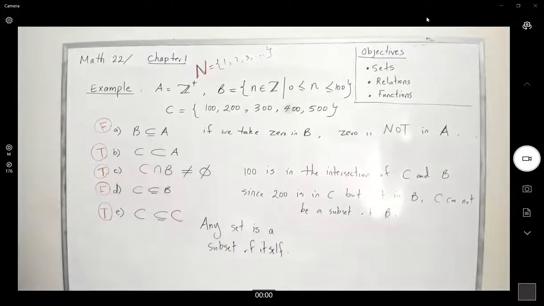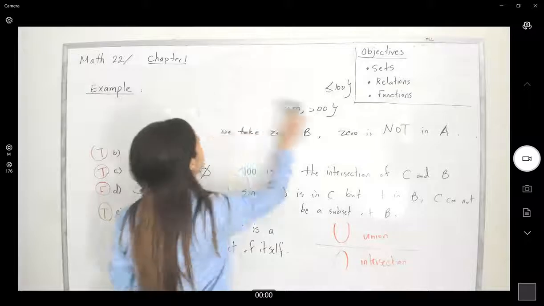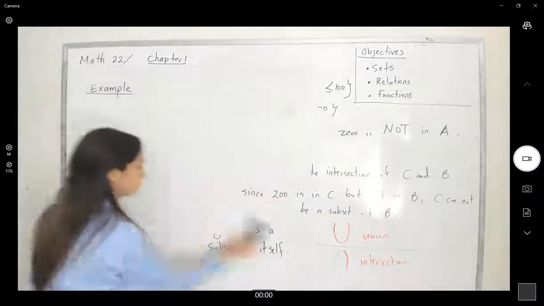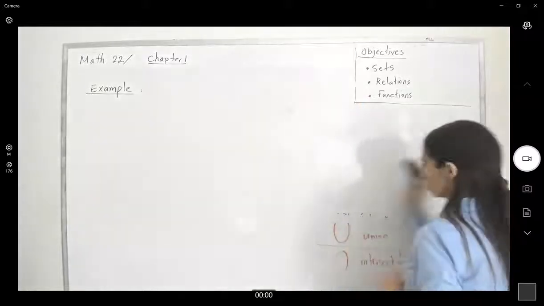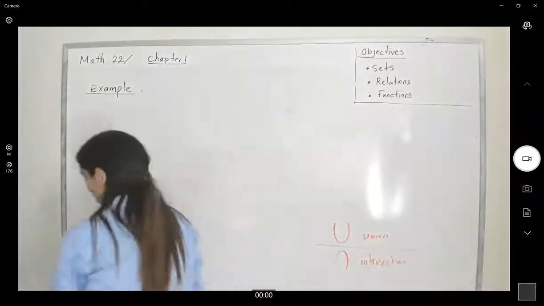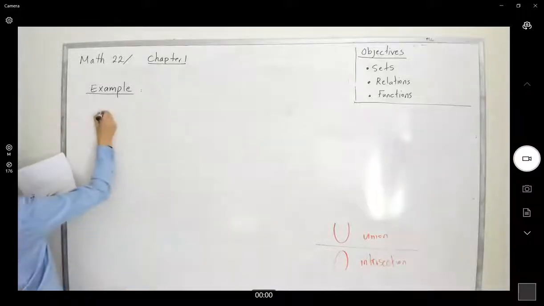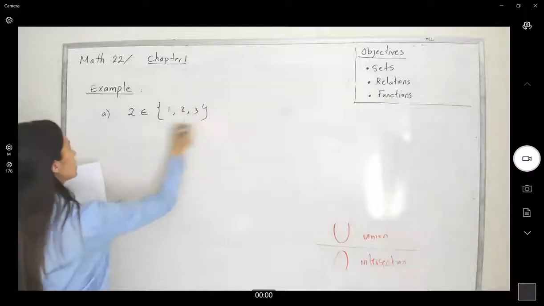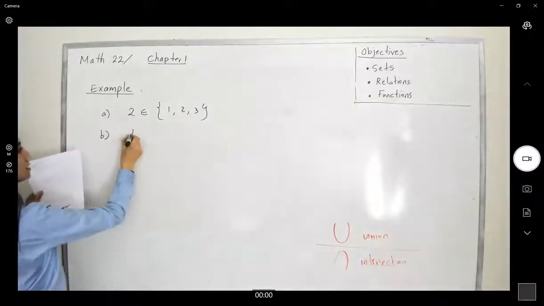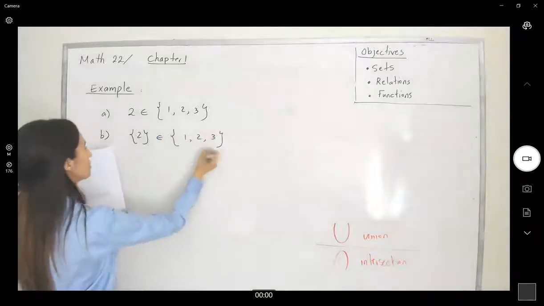And the last example that we have here: which one is true? Which one is false? This example says, part A, 2 belongs to set {1, 2, 3}. B, set {2} belongs to the set including 1, 2, 3.